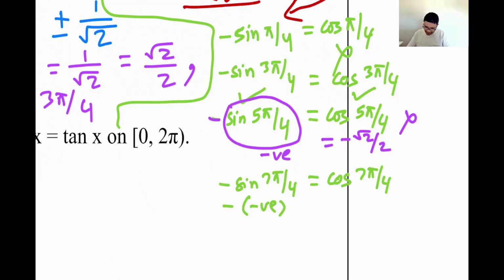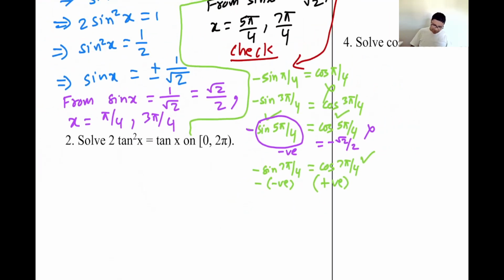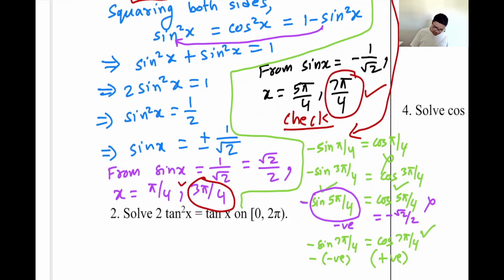In the fourth quadrant, cosine is positive. So negative of negative is positive. Positive equals positive. Works. Hence, I will now zoom in and highlight the angles that are solutions. 3 pi over 4 and 7 pi over 4 are solutions. The other two are not.